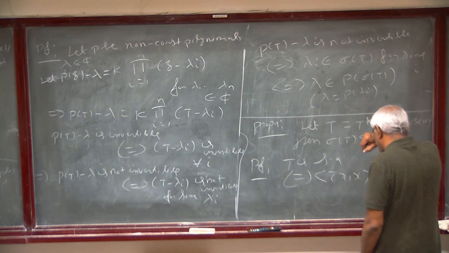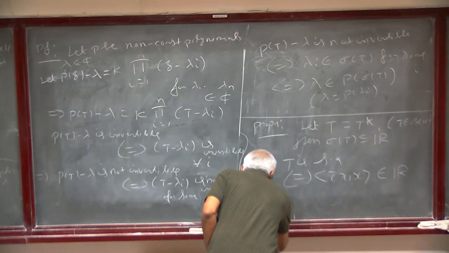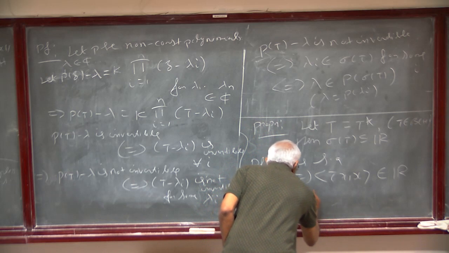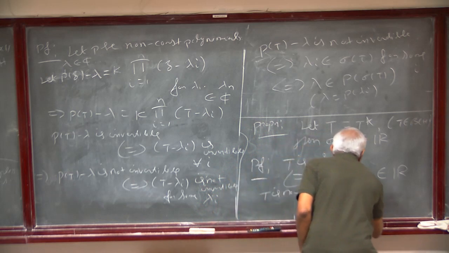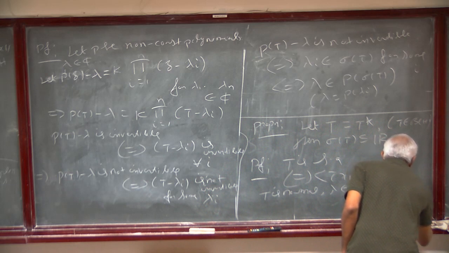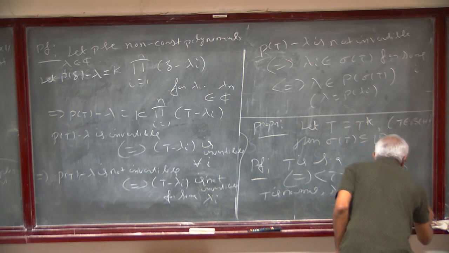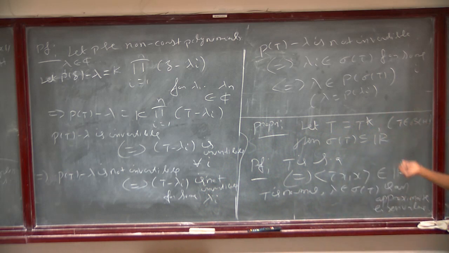So T self-adjoint. In particular, T is normal. So lambda in sigma(T) is an approximate eigenvalue. It may not be an eigenvalue, but since it is normal, everything in the spectrum is an approximate eigenvalue. Okay.